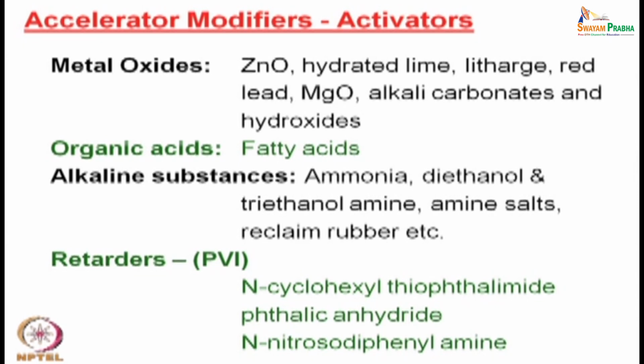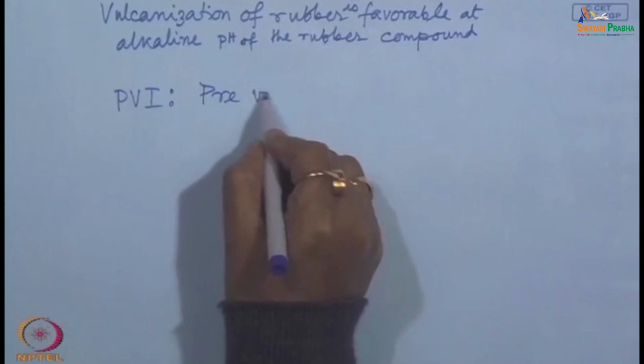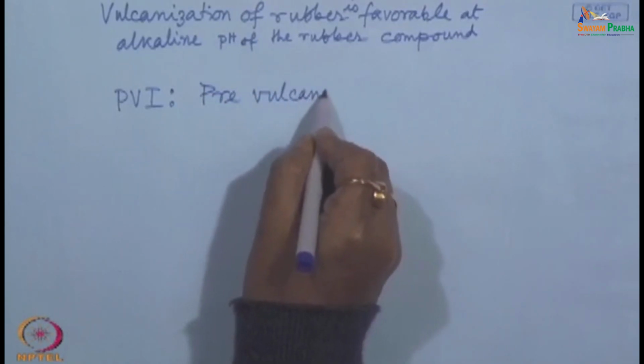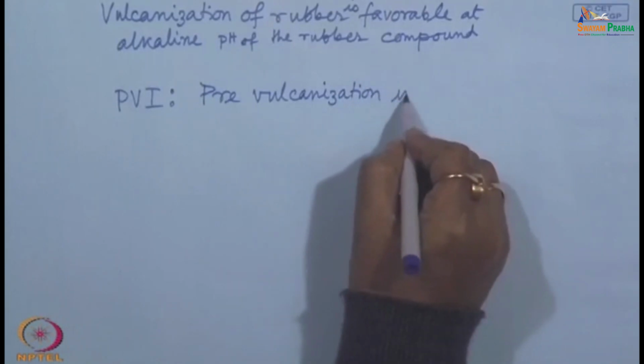Then there is another class of compound used in rubber products, which is known as retarders. Sometimes they are called PVI. Basically PVI is pre-vulcanization inhibitor.